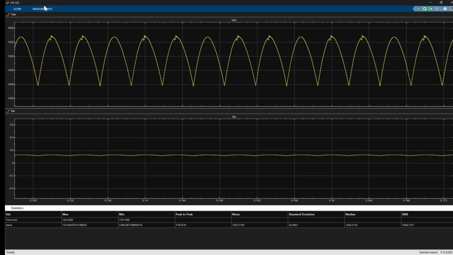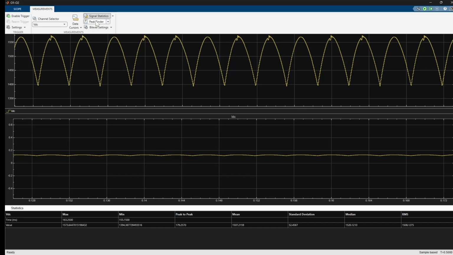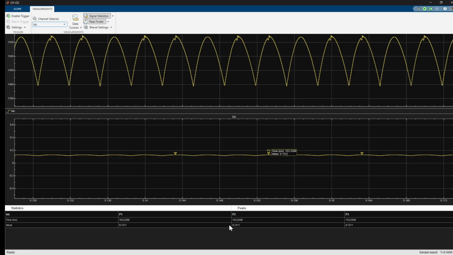And if you want to check for the current, let's see for the current. We have a peak of 1635 at this millisecond we have 0.135, so this is a big current.